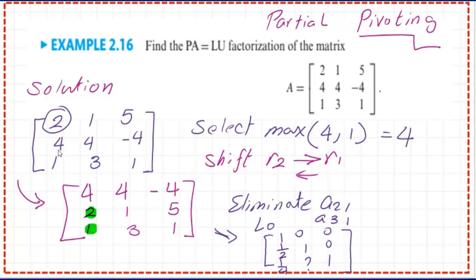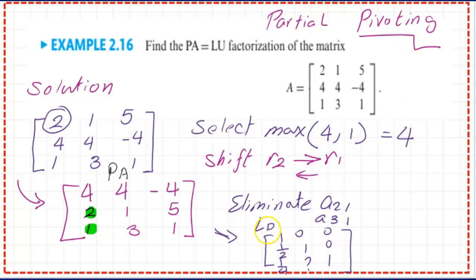We will swap R2 with R1, and of course the first row will move to the second position. So our new matrix is no longer A, but we write it as PA. It will be 4, 4, minus 4, 2, 1, 5, 1, 3, 1.